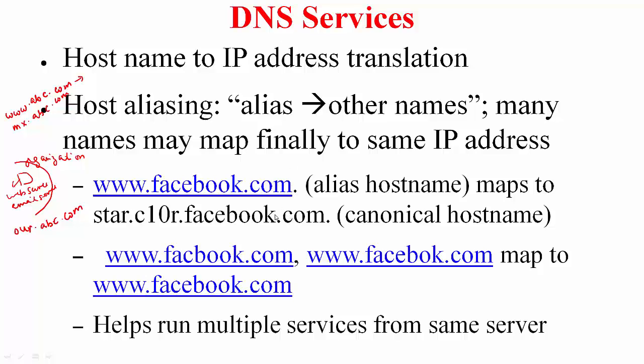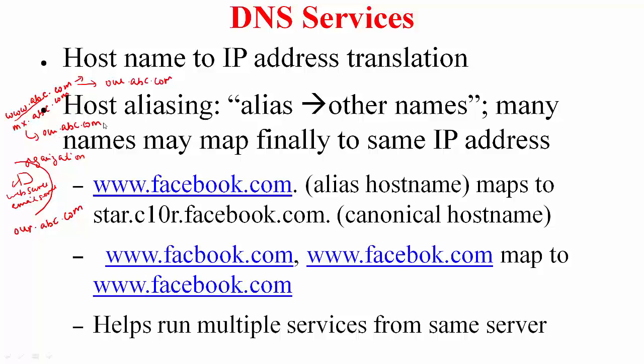So what you do is you provide an alias which maps this particular host name to our.abc.com, and similarly this also maps to our.abc.com.